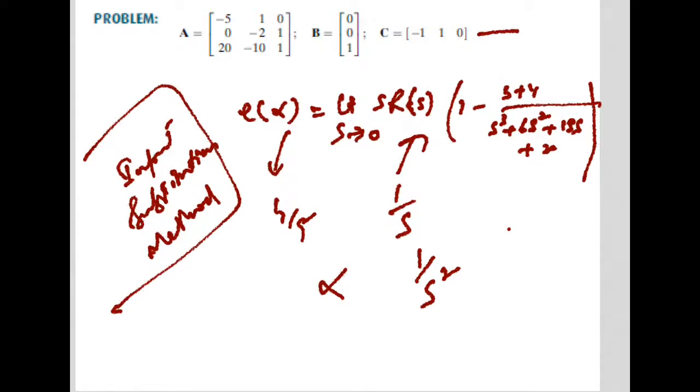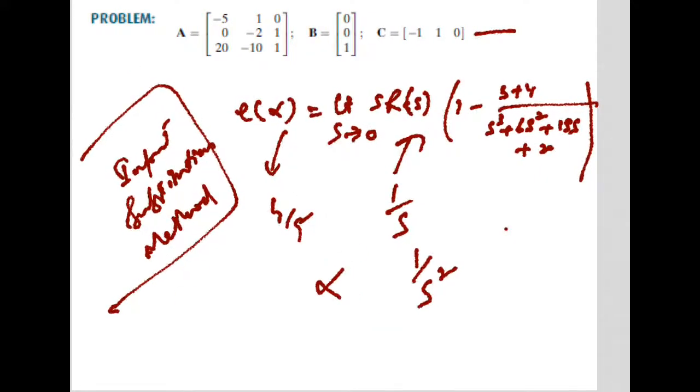Now in this input substitution method, the inverse is avoided, and it can be applied for multiple input and multiple output systems.